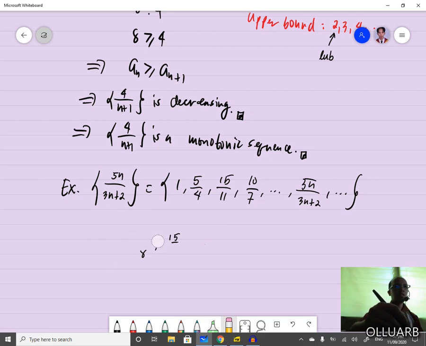Let's erase this one. The limit is 5/3. Okay. So what is an example of a lower bound?